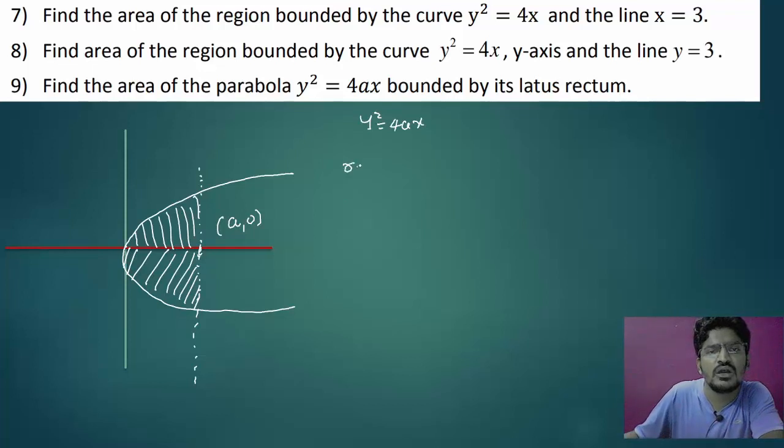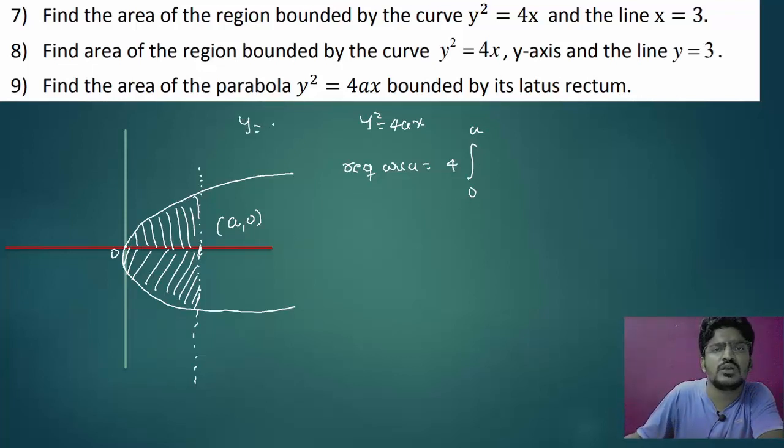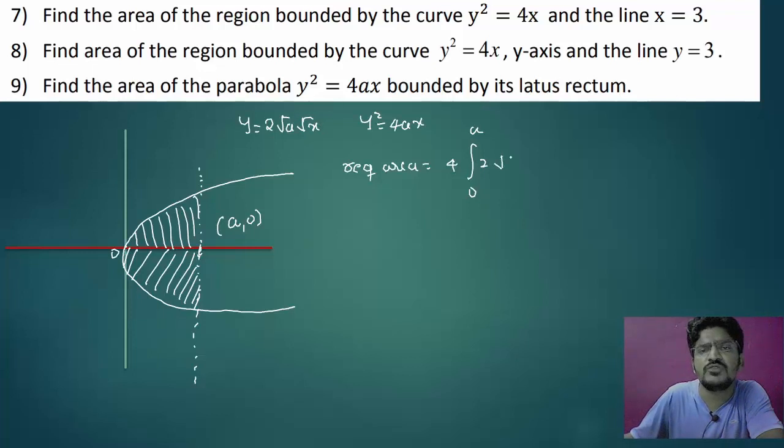Therefore, the required area will be equal to 4 times integral of 0 to a. See the limits, this is 0, this is a. And y will be equal to 2 times root a into root x.